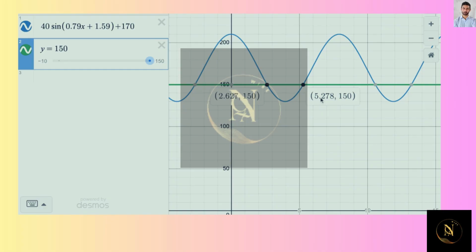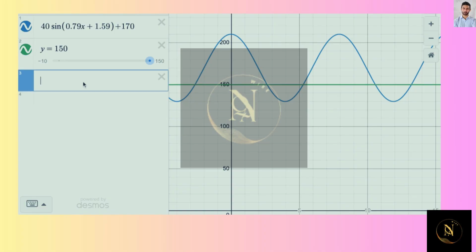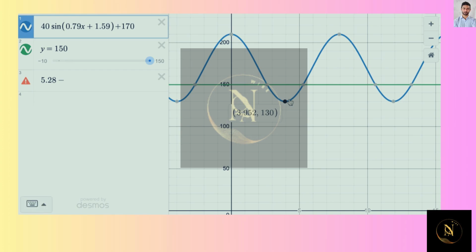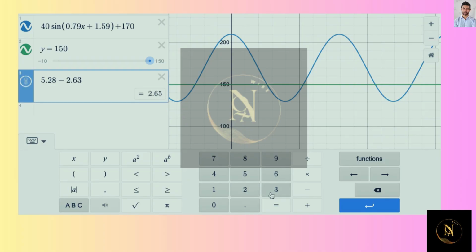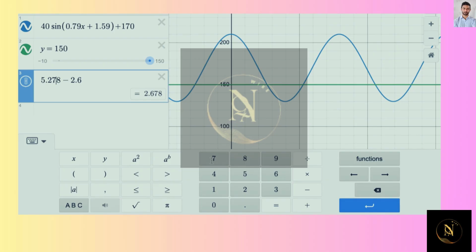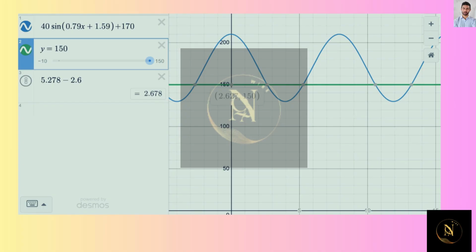to the nearest tenth of a year. I'm going to do this to the nearest hundredth for each of these: 5.28 and 2.63. Well, maybe I'll go even more: 5.278 and 2.627.